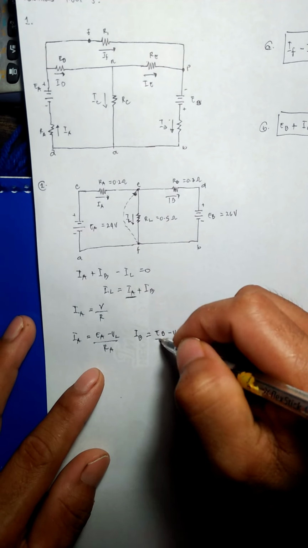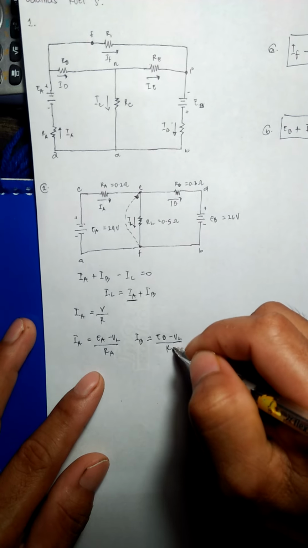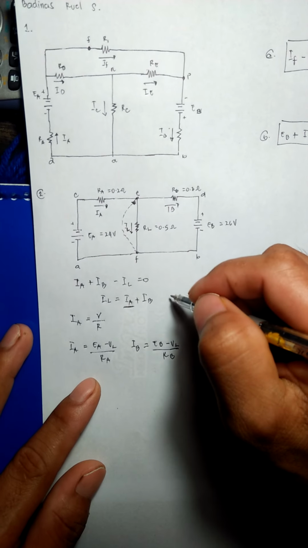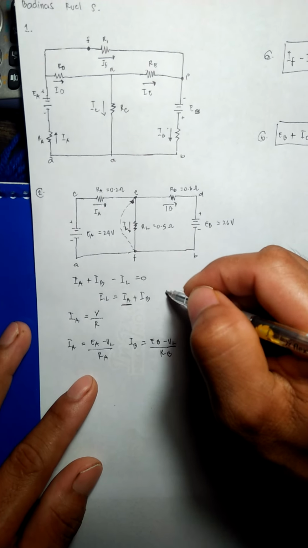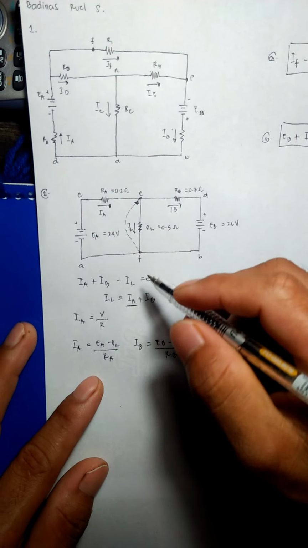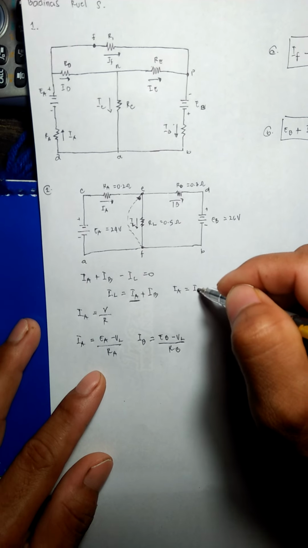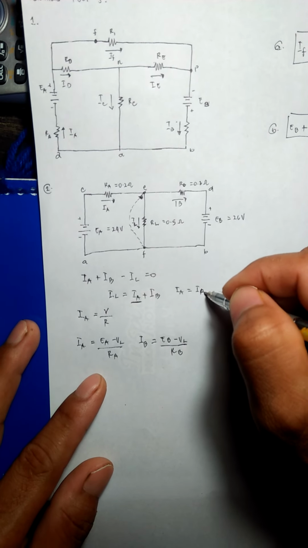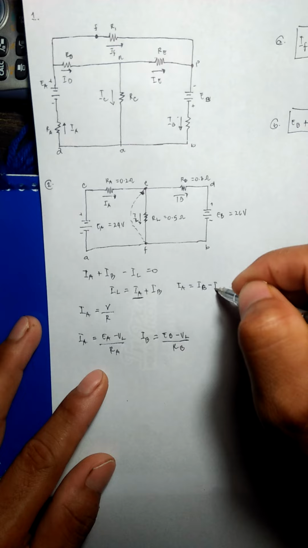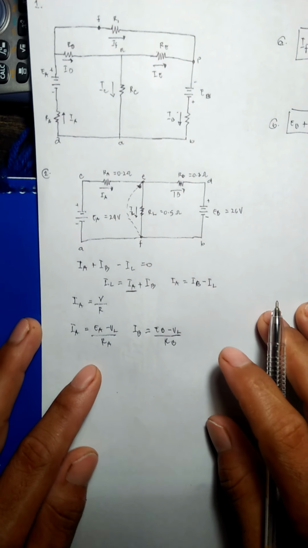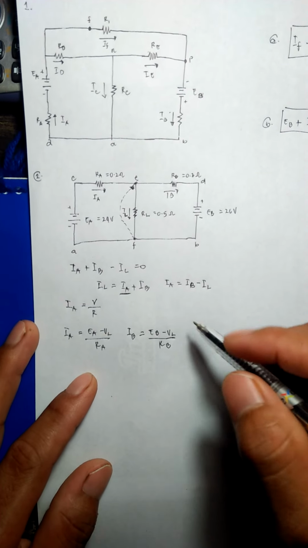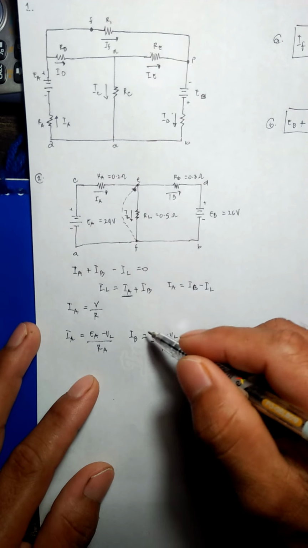So we get this equation based on this, and we can conclude IA is equal to IL minus IB. That's why we are having this equation.